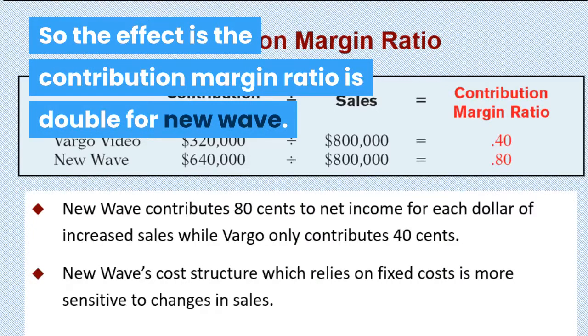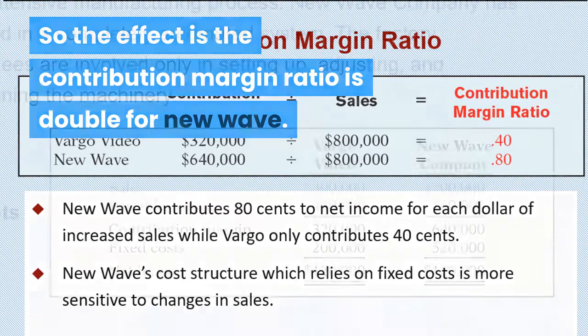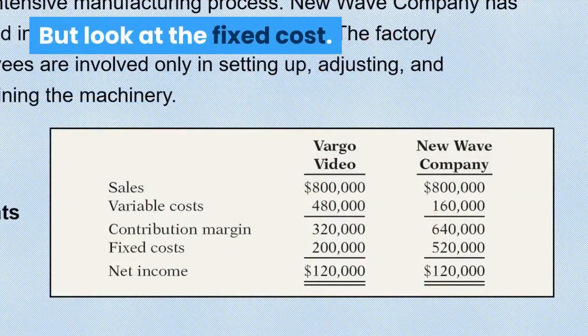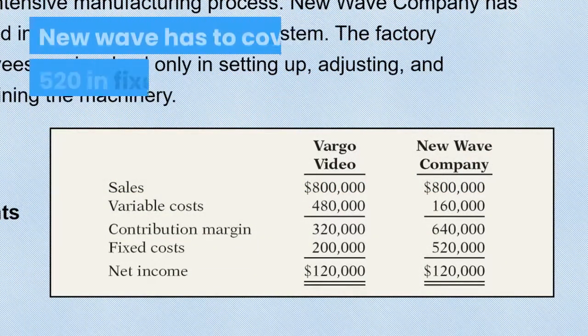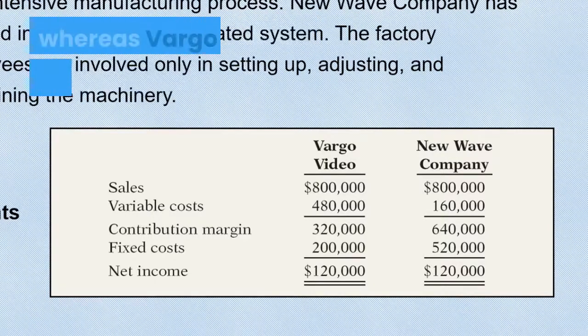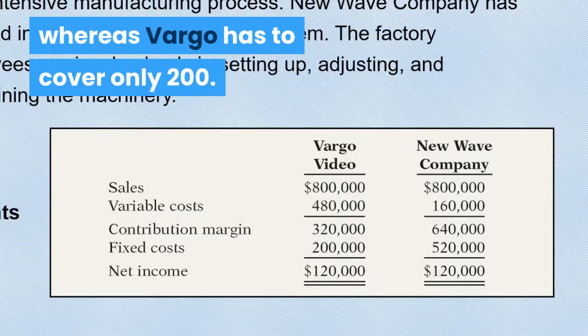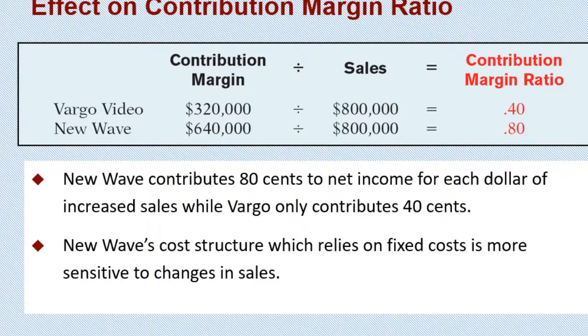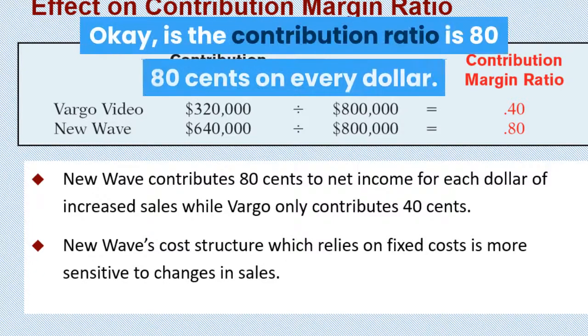Their contribution margin ratio is twice that of Vargo. Why? Because they have low variable costs, whereas Vargo has 480 variable costs compared to 160 in NewWave. So the effect is the contribution margin ratio is double for NewWave. But look at the fixed cost. NewWave has to cover 520 in fixed costs, whereas Vargo has to cover only 200.